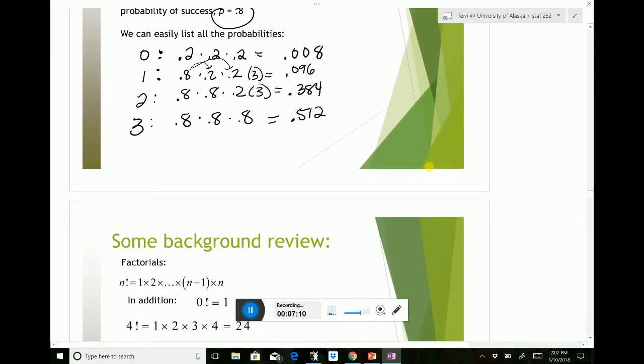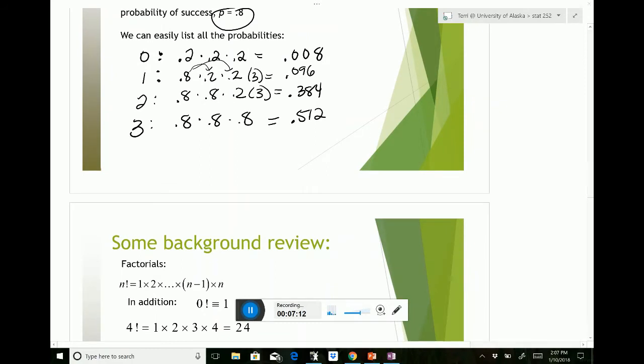So let's look at this for a minute and think about what we've done here. Here we've done 0.2 cubed. Here we've done 0.8 to the 1, 0.2 squared times 3. Here we've done 0.8 squared times 0.2 to the 1 times 3. And here we've done 0.8 cubed. Interesting.